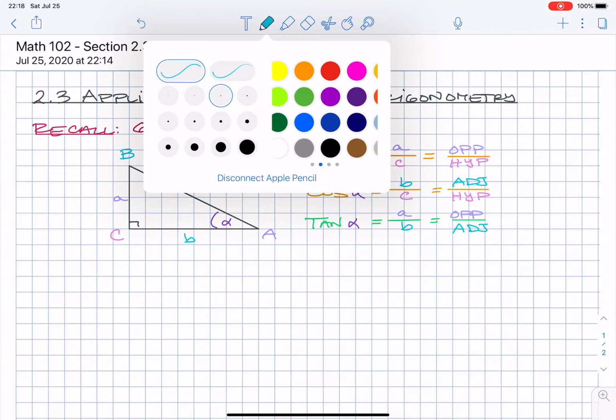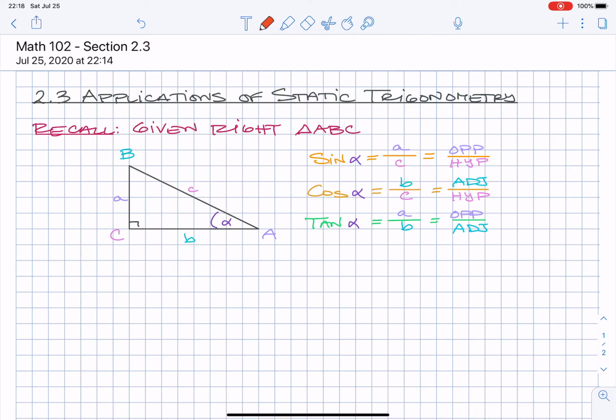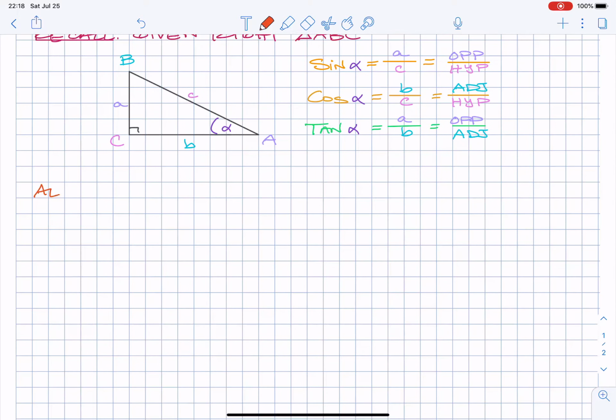So let's also recall, maybe in this color, that theta equals 0 degrees. So theta being equal to 0 degrees is flush with the positive x-axis in standard form, right?